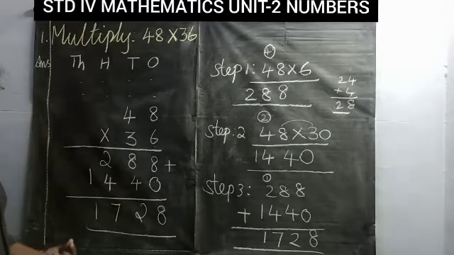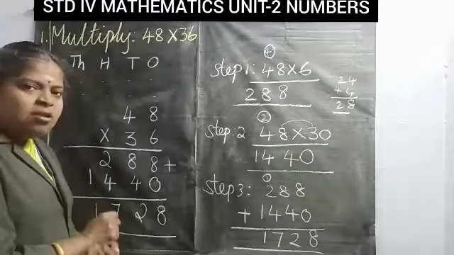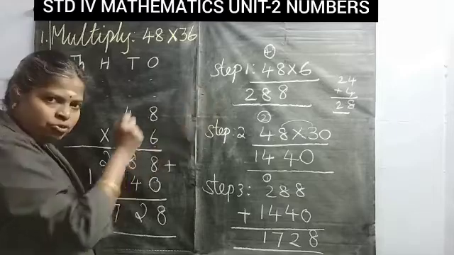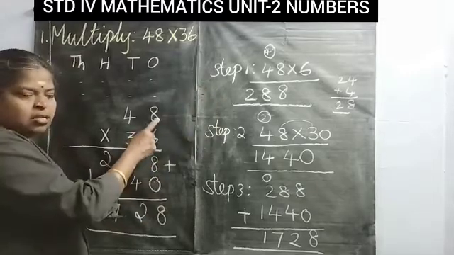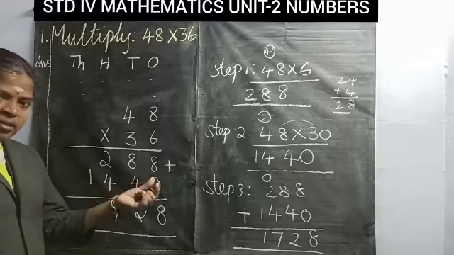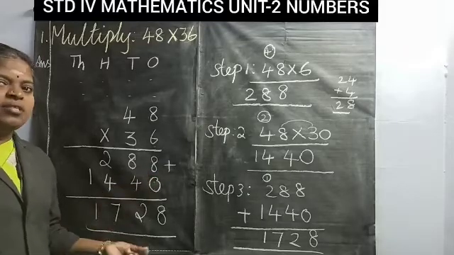Answer 1728. First step 1, 48 into 6. Step 2, 48 into 30. Step 3, add step 1 and step 2. You will get the answer.